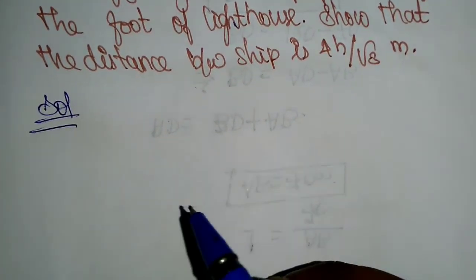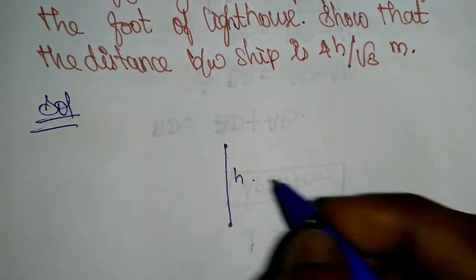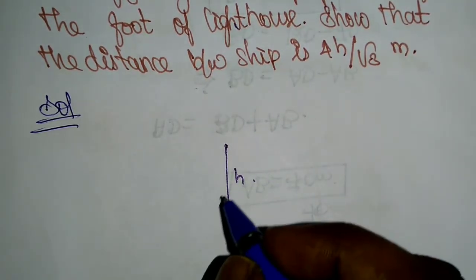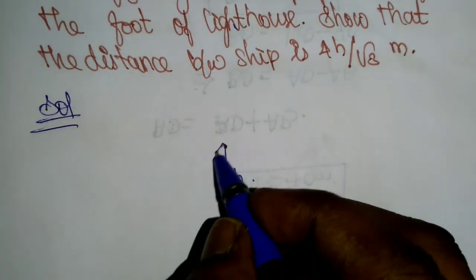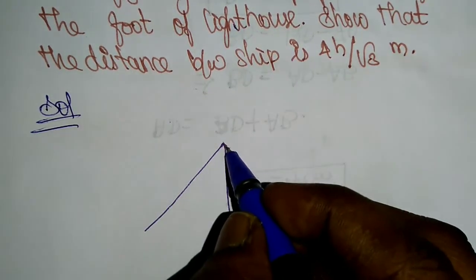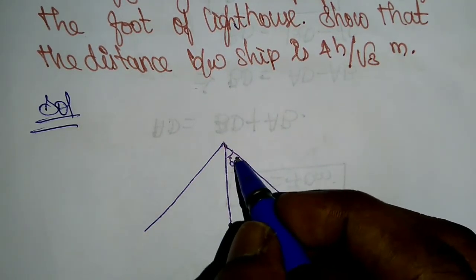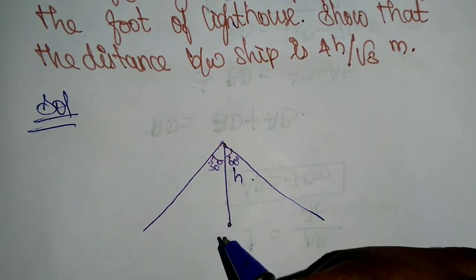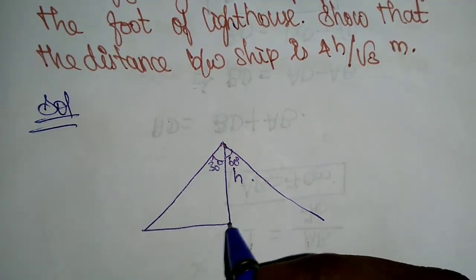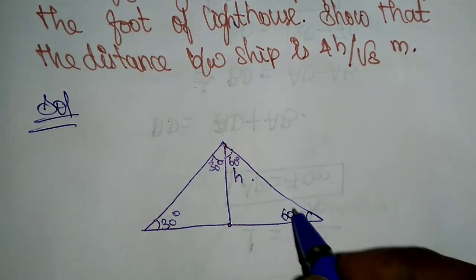Solution. Here given is the height of the lighthouse is h and it observed two ships from the opposite sides. So here on this side one ship and on this side one ship. This angle is 60 degree, and this one is 30 degree.